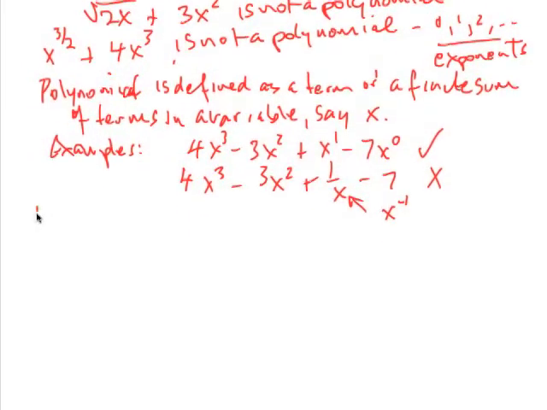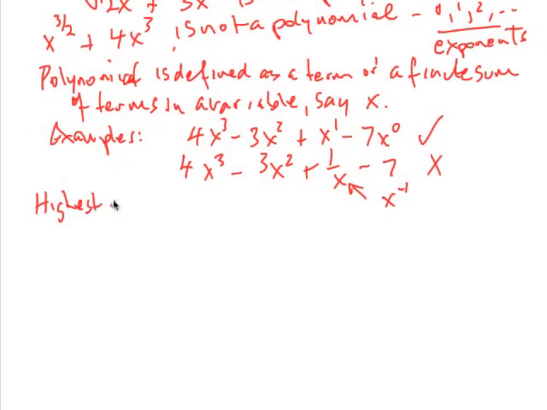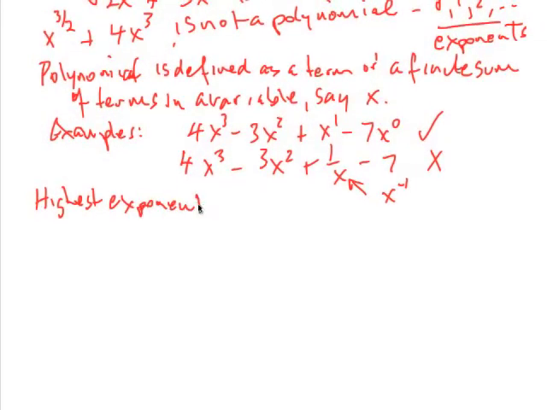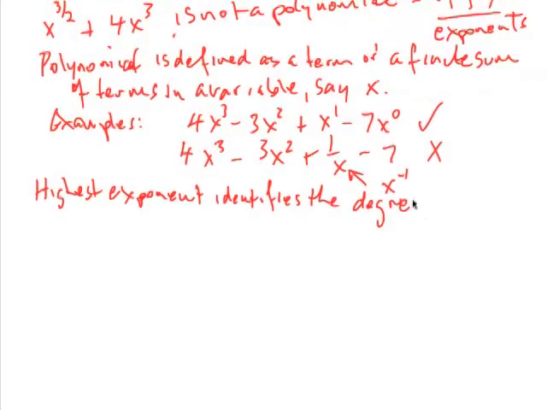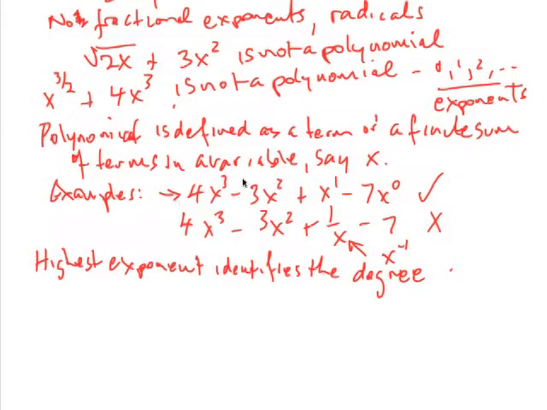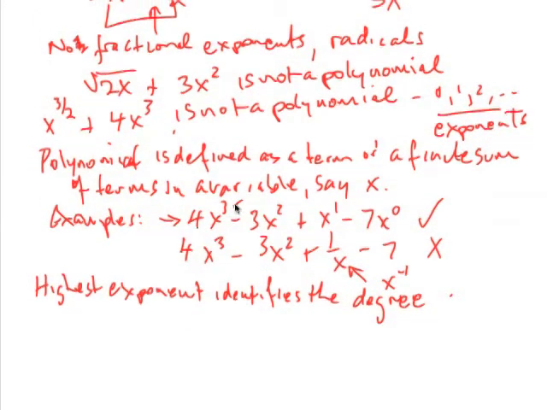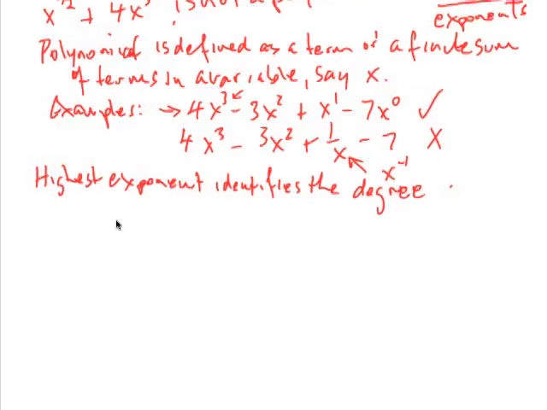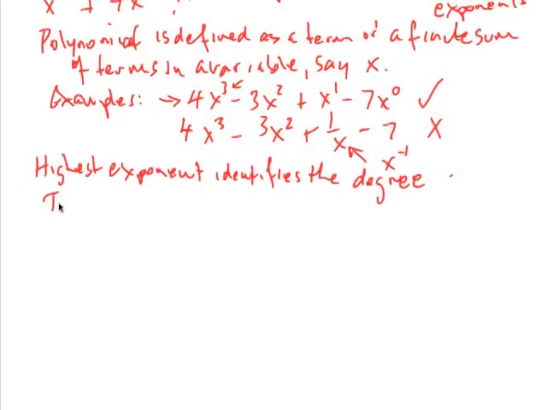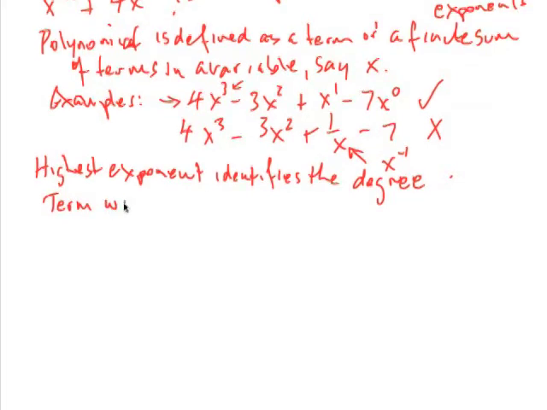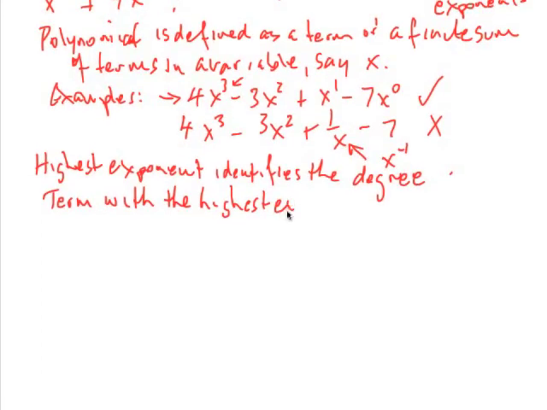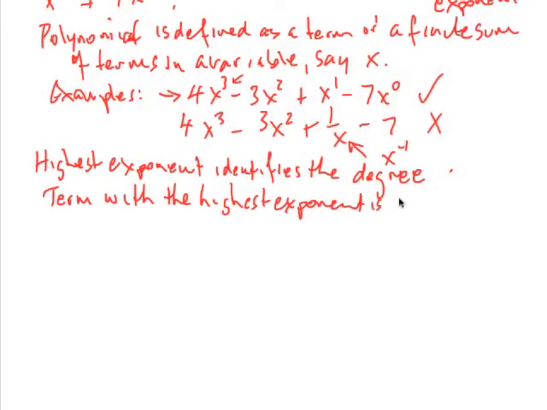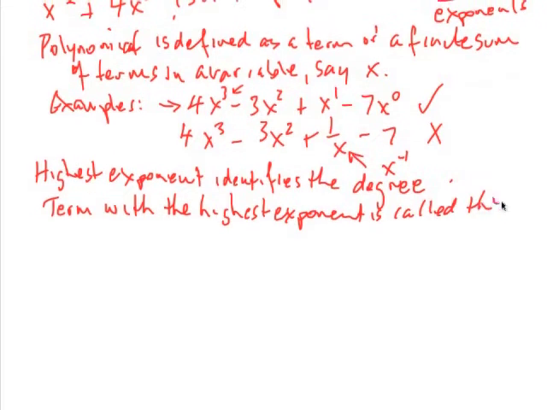Right, now the highest exponent identifies the degree of the polynomial. So here, of course, this is a degree 3 polynomial because it has a highest exponent of 3. The term with the highest exponent is called the leading term.